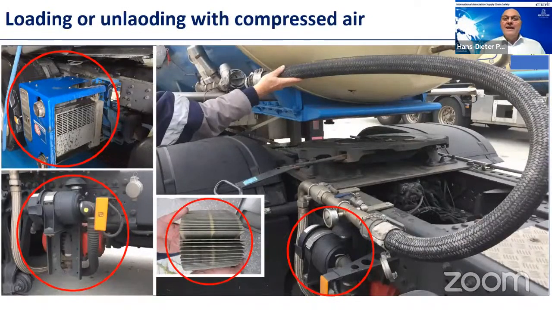The other point we have is for all these people working in factories who get powders like flour or milk powder. Have you seen how this powder is transported into your silos? Often it's working with compressors. They are driven by the motor, the engine of the trucks, and these compressors are on board of the trucks.